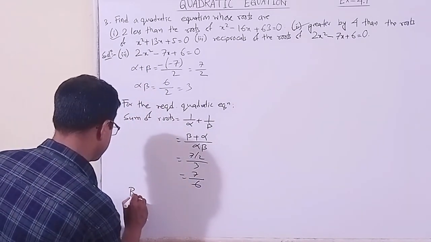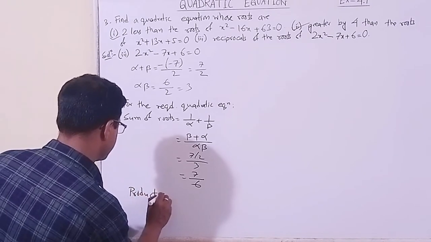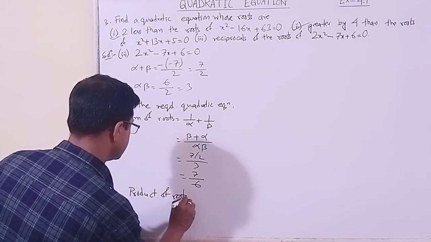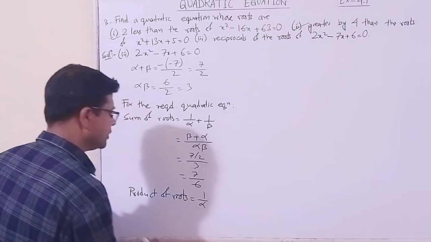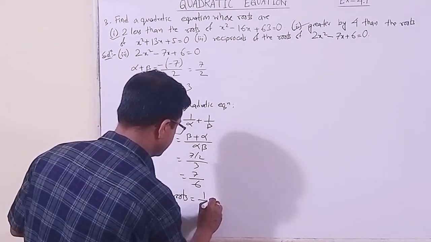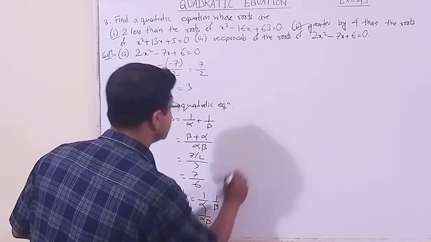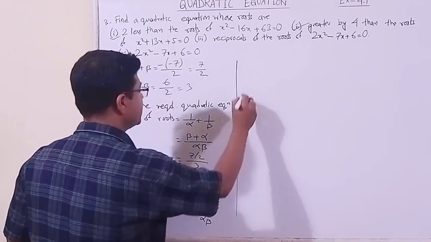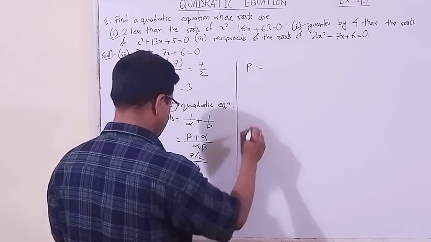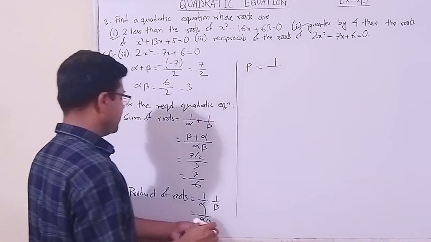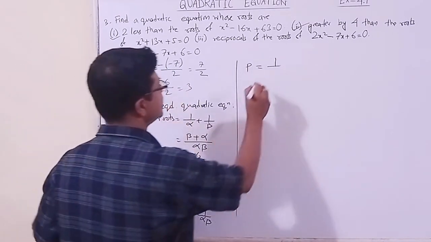Then the product of roots. The roots are 1 by alpha into 1 by beta. So the product is 1 by alpha beta. What is the value of alpha beta? It is 3.